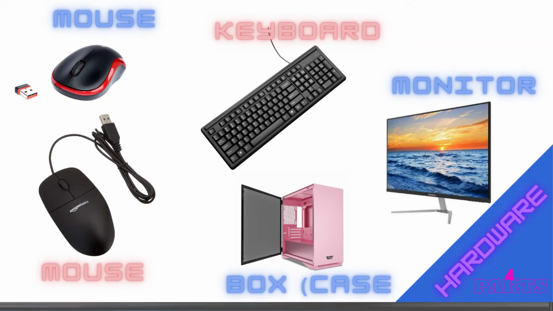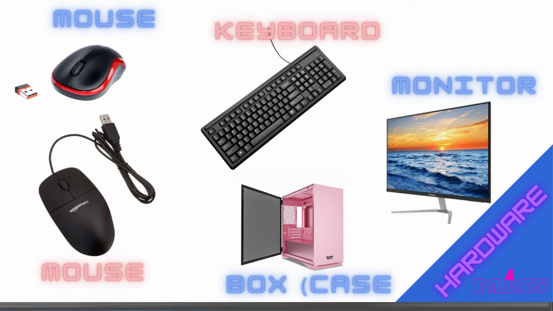Again, to have a computer, you need at least 4 components: mouse, keyboard, monitor, and the case. Of course, we're going to see what is inside of the case further on.